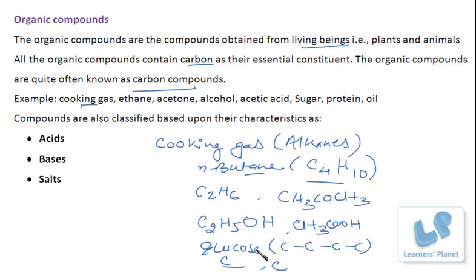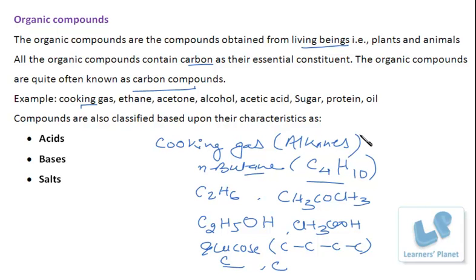Or oil. So do remember, the organic compounds are the compounds obtained from living organisms, like plants and animals, and that all the organic compounds contain carbon as their essential constituent. So these are often called as carbon compounds.